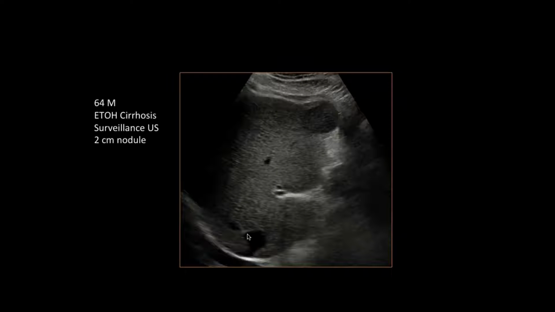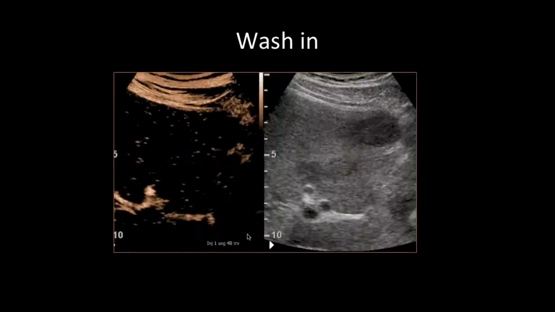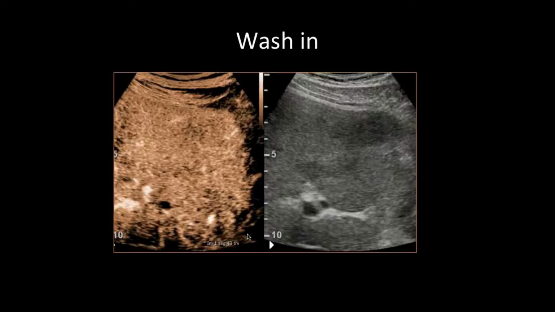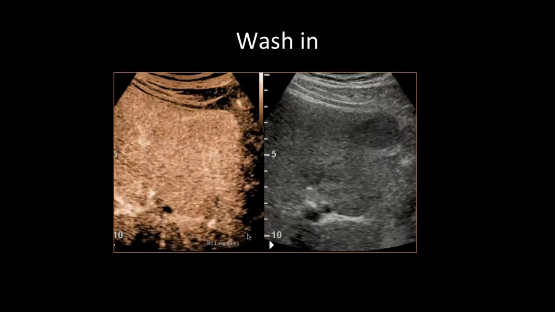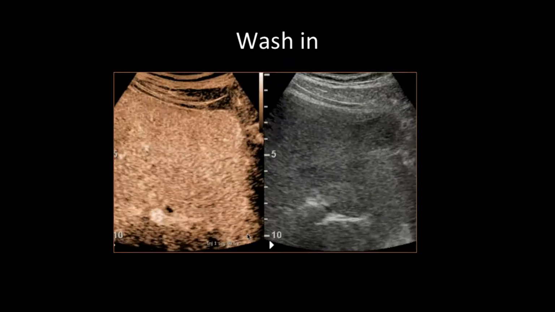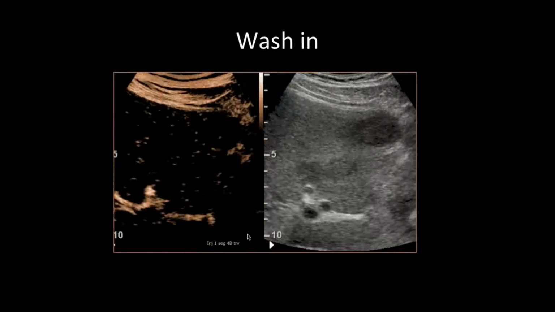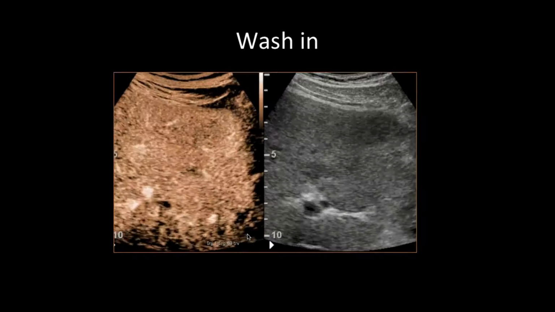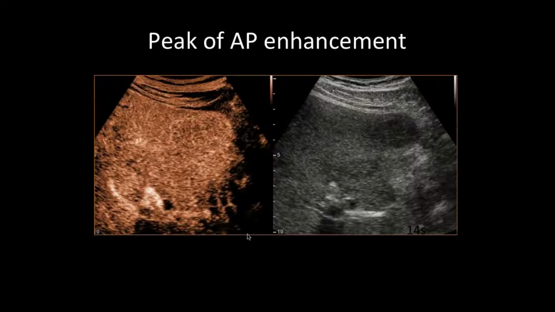Here's a patient with ethanol cirrhosis with a 2-centimeter nodule detected on a surveillance ultrasound scan. When we inject the contrast, we can see nice vascularity in the liver, and we can show totally homogeneous enhancement of the liver and no differentiation between the enhancement of the nodule and the adjacent parenchyma. So this is isovascular in the arterial phase.